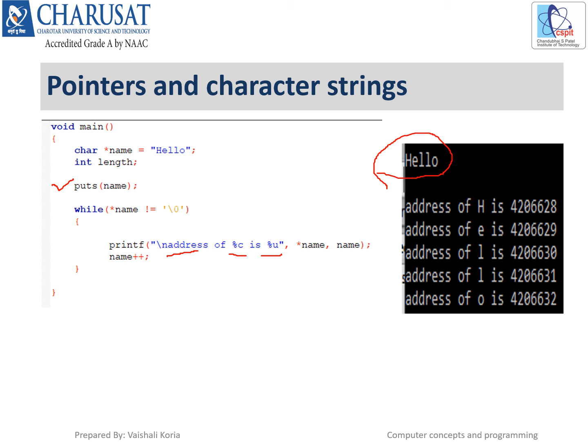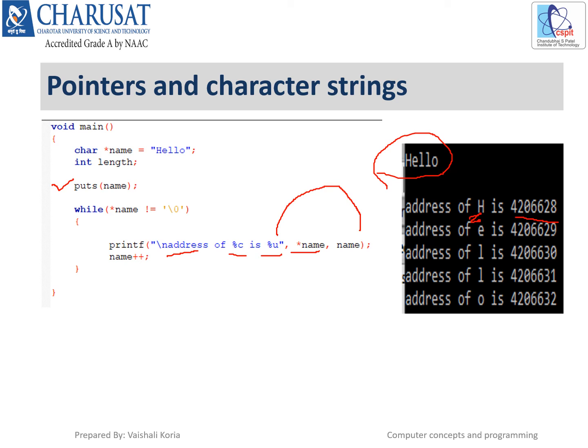If we want to print the individual character value, we can use this star to access the individual character of this string. And this percentage u is for printing the address. So when you write the printf statement, it will give the value of the first character using star name, and the address of the first character using only name.